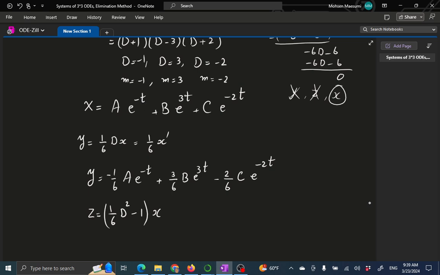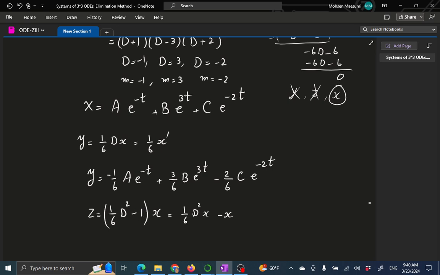Perhaps I do it step by step. 1/6 of D squared x, then minus x. If you can do all of it in your head, that would be cleaner. The second derivative, that's just going to give you 1. 1/6 of that is going to be, well, 1/6. And then minus 1 becomes minus 5/6.